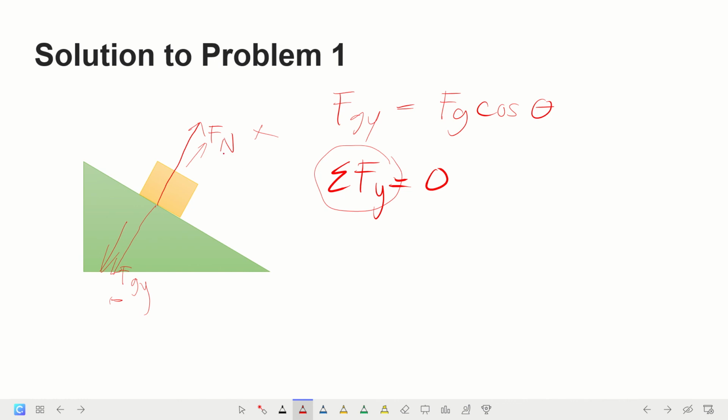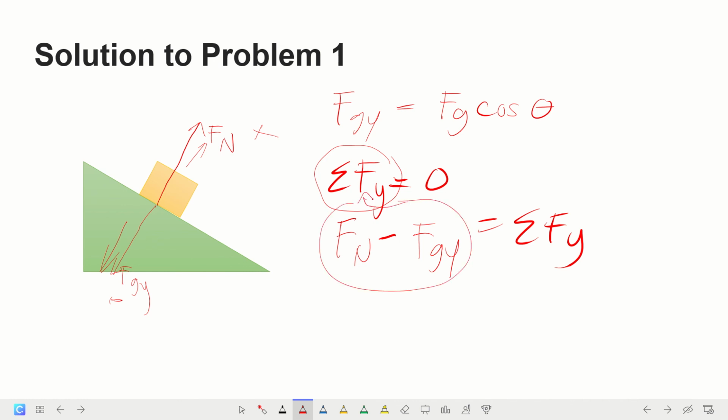So F of n, or normal force, plus negative force due to gravity, so negative Fg of y, is equal to the summation of forces. So this one, we can equate now, palitan natin ito.